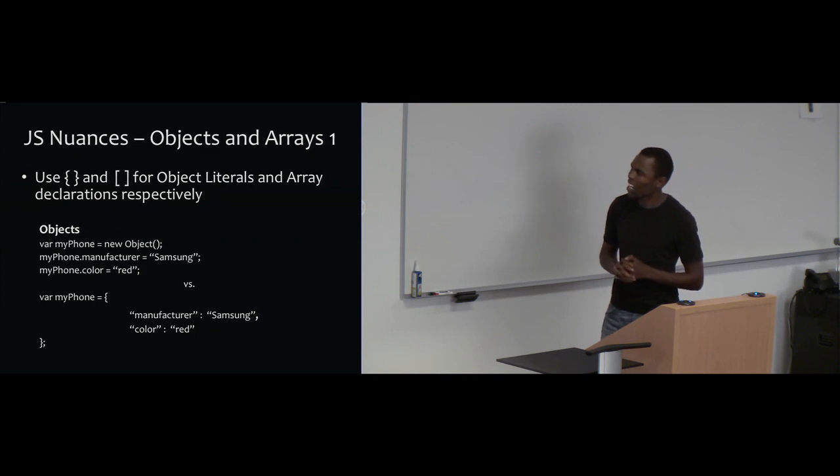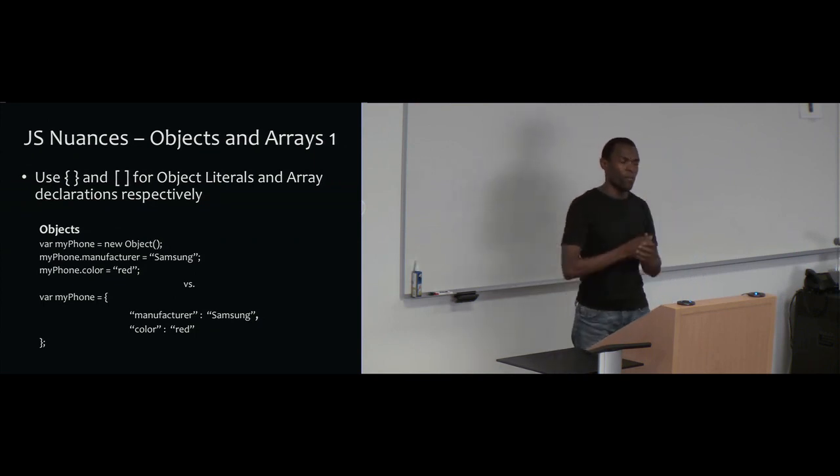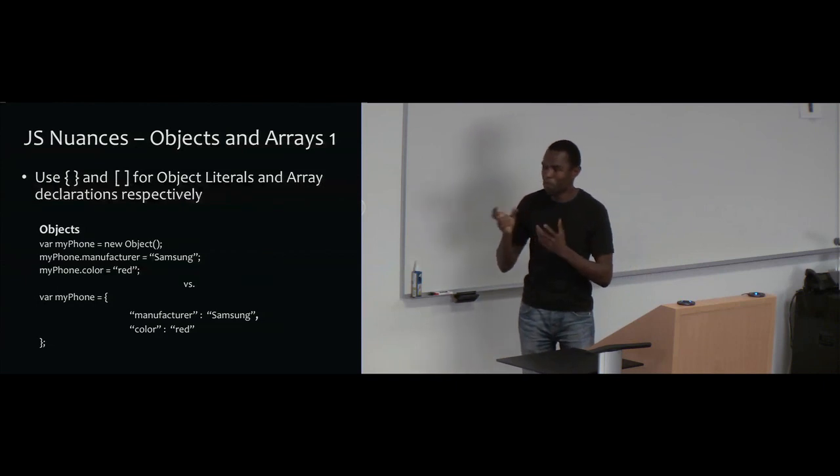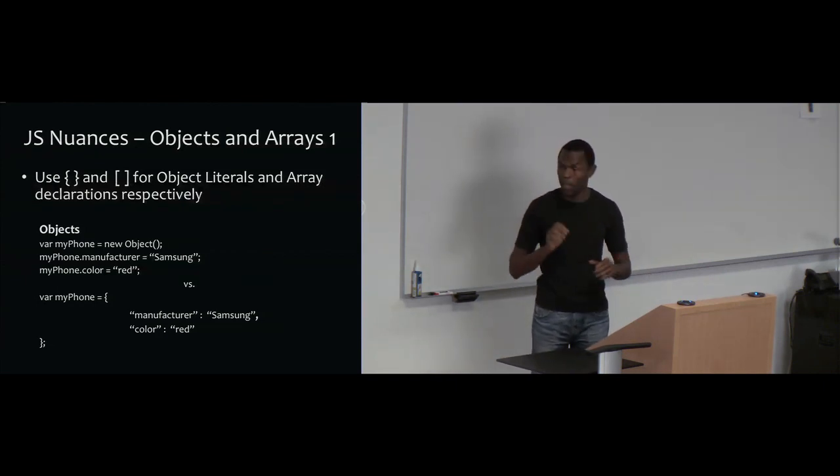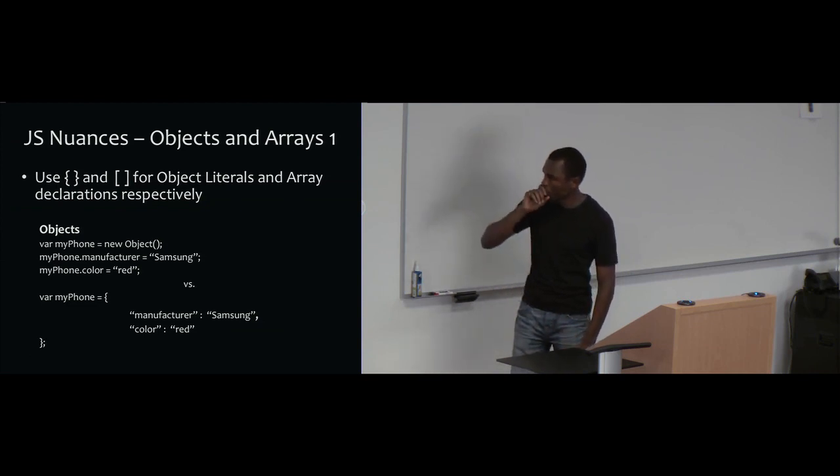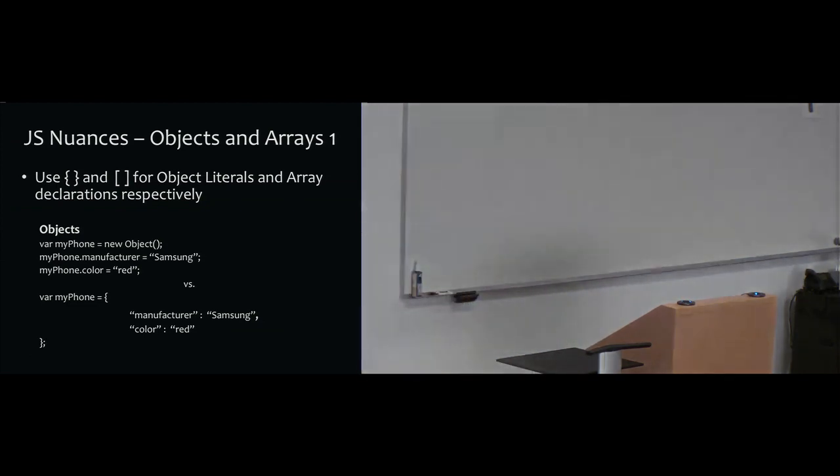And again, going back to that point that I made before, there's many ways to do things, but there are performance costs everywhere. So here you can create the new object using the new object and go about assigning it values.